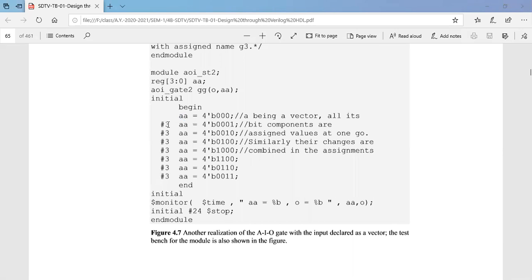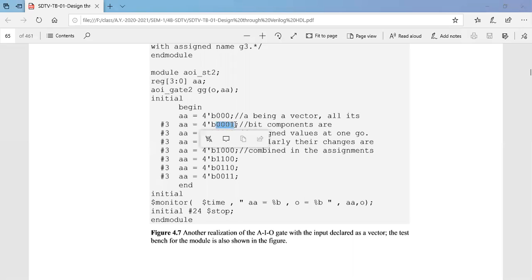After 3 time units, if you consider the clock, after 3 units of clock cycle, the value of AA is going to be 0 0 0 1.